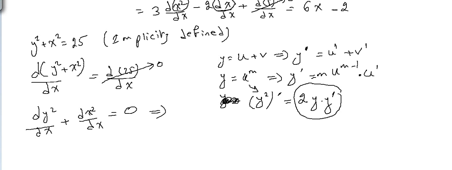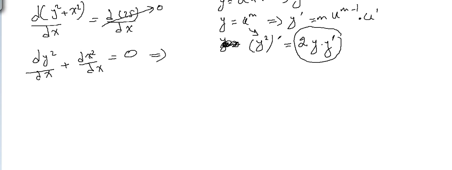Here the same. So we can say it is 2y y prime, or times dy over dx. This is the definition of y prime, right? Plus, what is the derivative of x squared? It's 2x, and it is equal to 0.